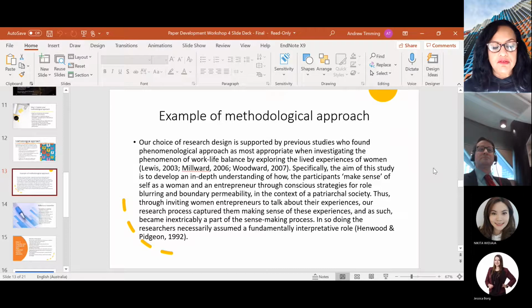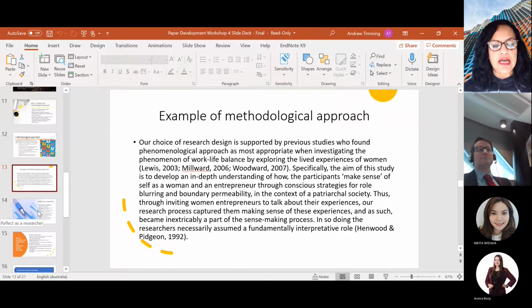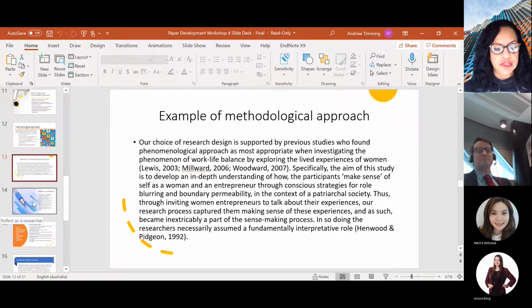Thus, through inviting women entrepreneurs to talk about their experiences, our research process captured them making sense of these experiences, and as such became inextricably a part of the sense-making process. In so doing, the researchers necessarily assumed a fundamentally interpretative role. So that's just an example of how you can go about explaining and positioning your methodological approach. Next slide, please, Andrew.